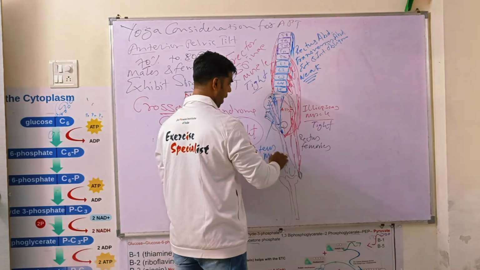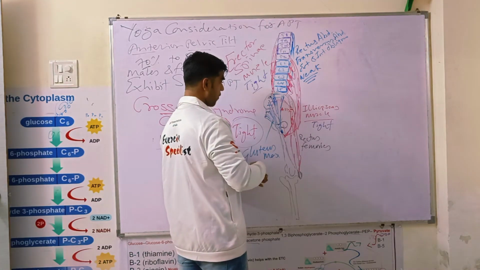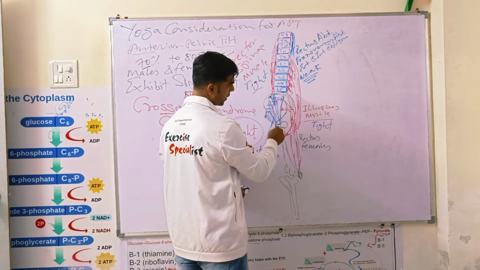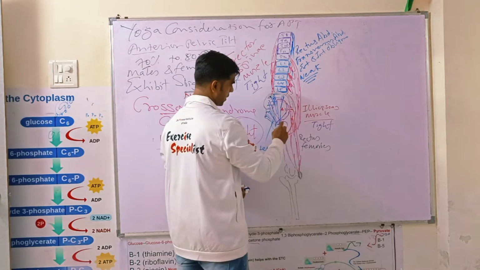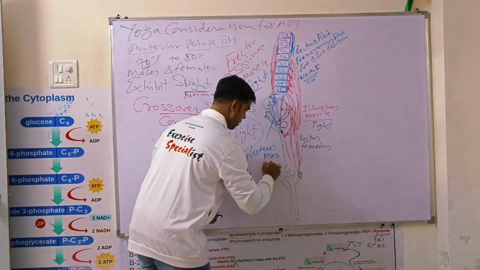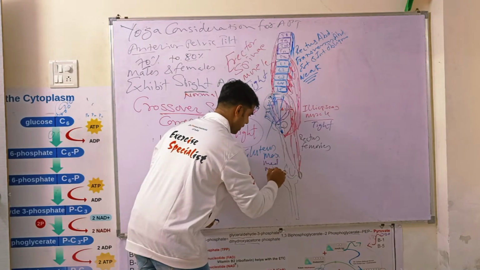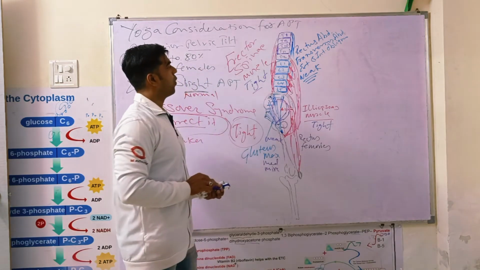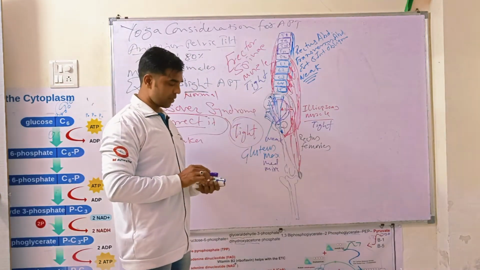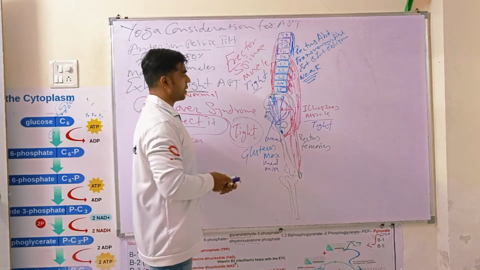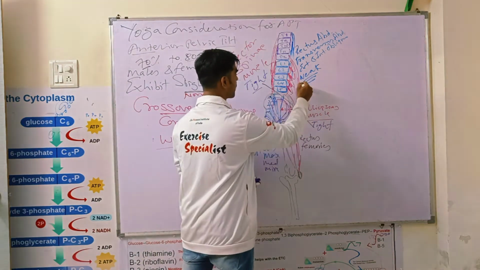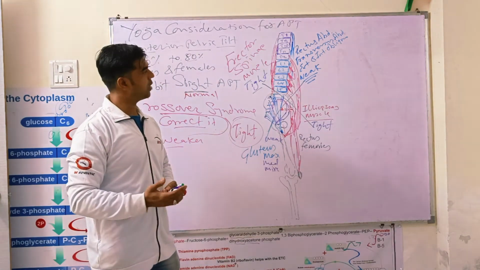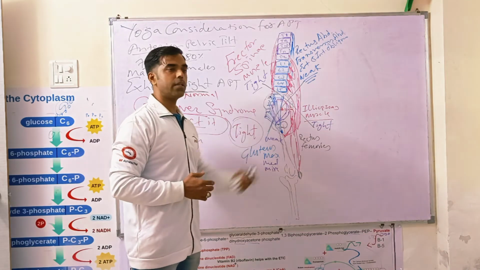Then we have gluteus medius, which inserts onto the greater trochanter, and then minimus. These tend to become weak, right? Now, the weaker group of muscles and the tight muscles create crossover syndrome, and we need to correct them. The tight muscles need to be released and the weaker muscles need to be strengthened.